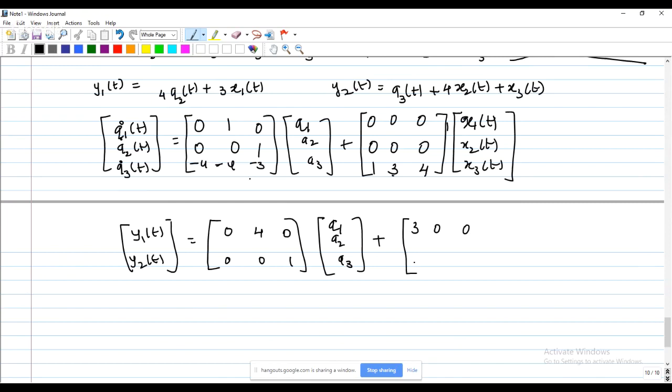Then we have over here x2, so no x1, x2 is 4, x3 is 1, x1t, x2t, and x3t. This is how the equations will look like.